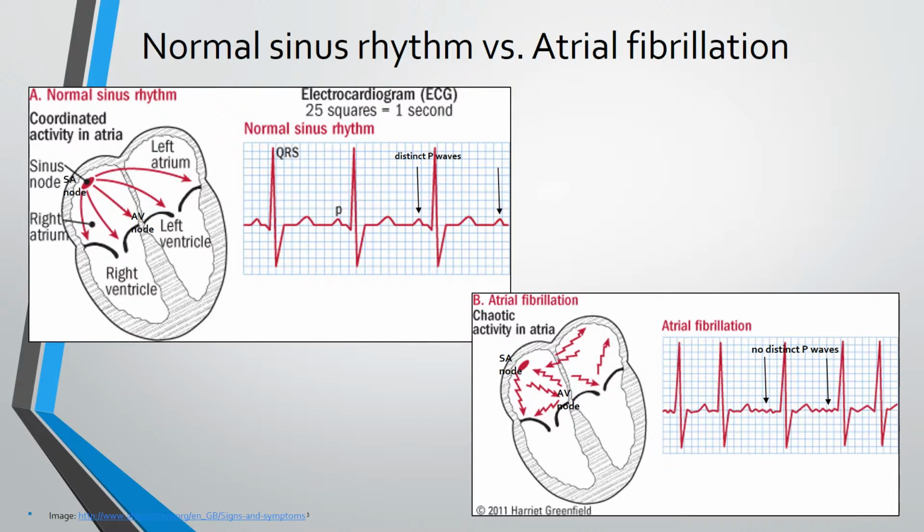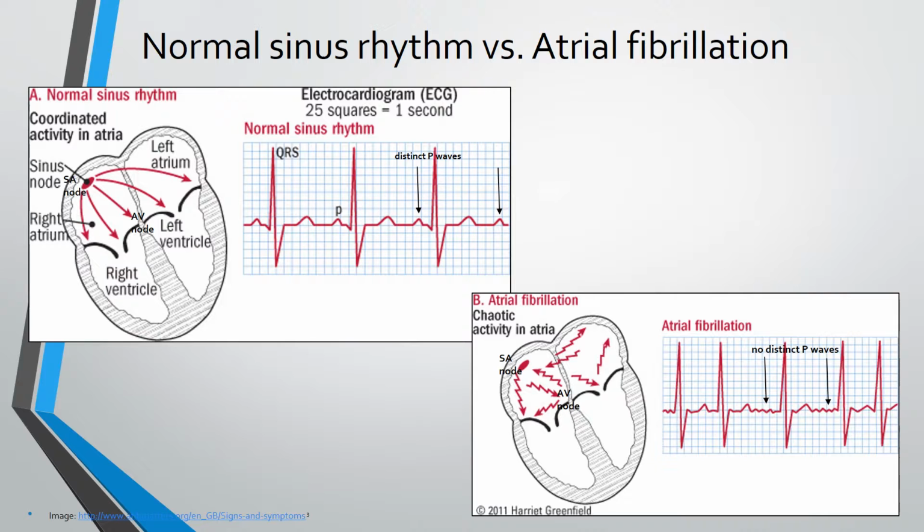However, in AFib, shown on the lower right corner or figure B, we see that the electrical signals being sent from the SA node are in disarray or chaos. So the signals are being sent erratically and chaotically. Because you lose the unified contraction of the atria, the heart begins to spasm or quiver at the top chambers.